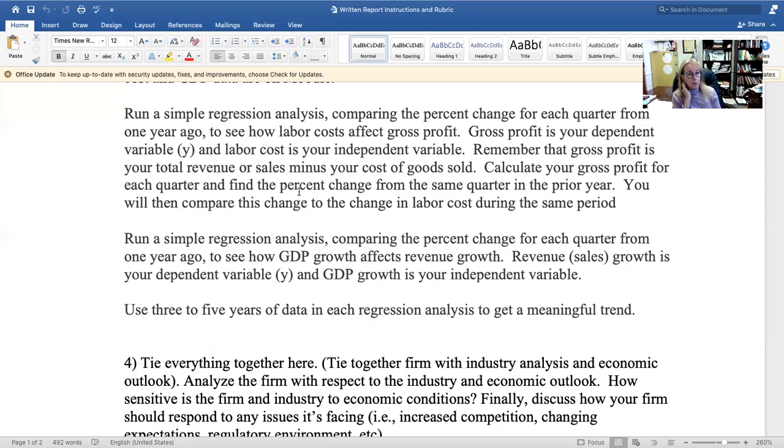Some past groups have looked at the change in the unemployment rate and have seen how that affects gross profit or sales revenue. Also, a change in retail sales is another good one to look at. The change in consumer confidence is also a good one to look at.